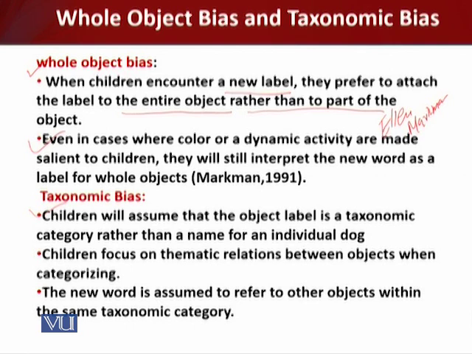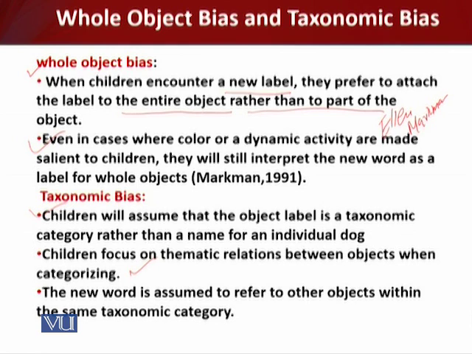Ordinarily, children focus on thematic relations between objects when categorizing. If given milk, a spoon, or a car, children will group each item with a cow, soup, or a stop sign, respectively.